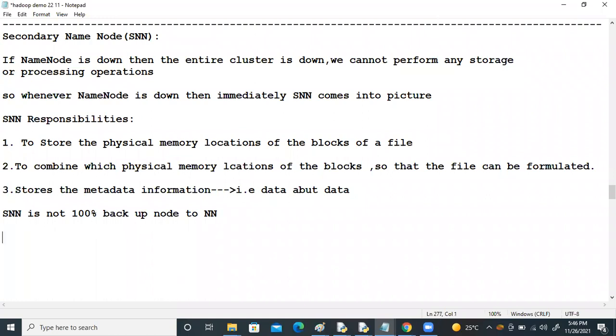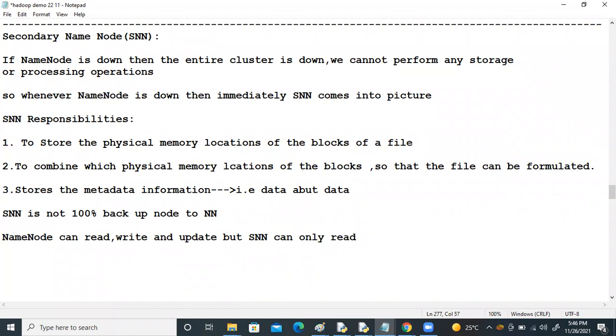The name node can read, write, and update, but the secondary name node can only read.